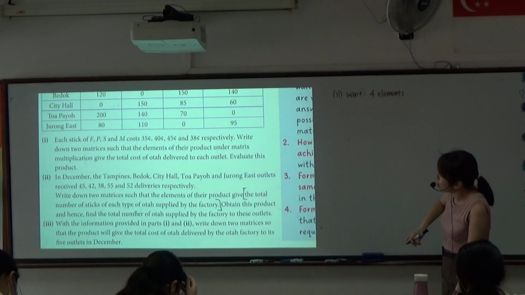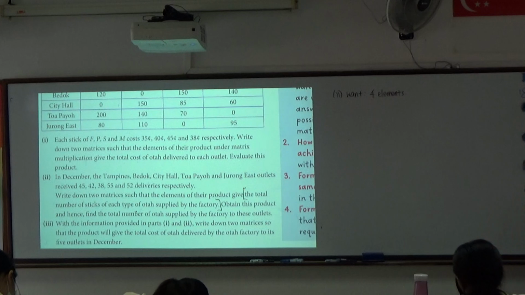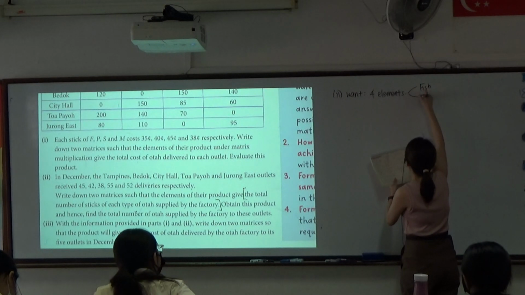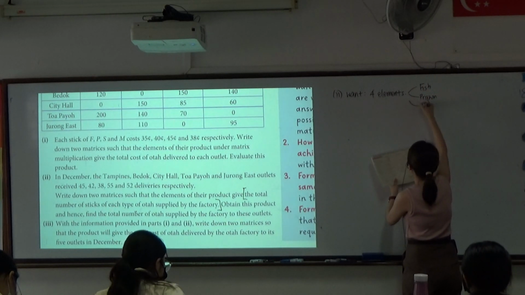What we are looking for is really the 4 different flavors or types. That is your fish, prawn, squid, and mix.